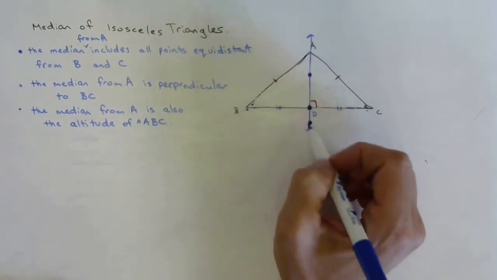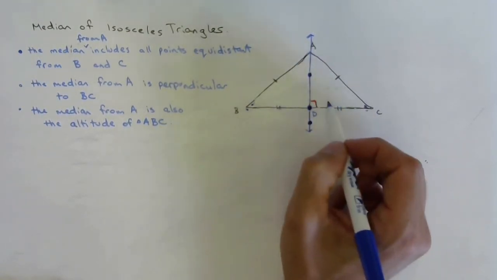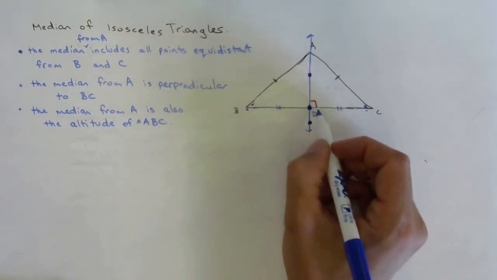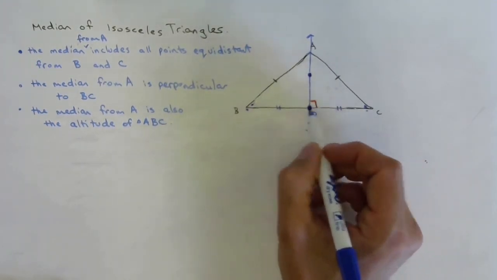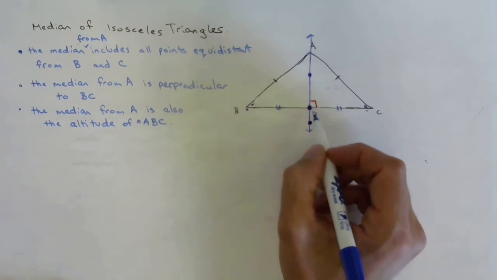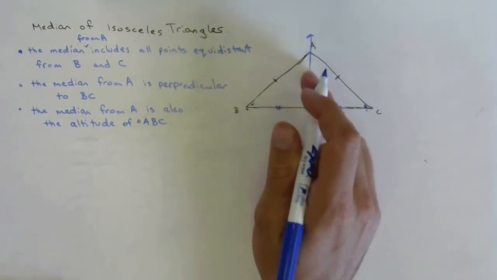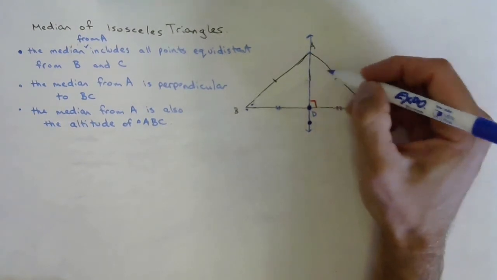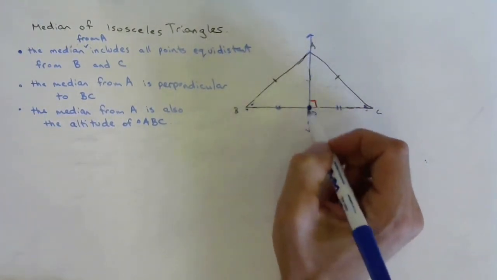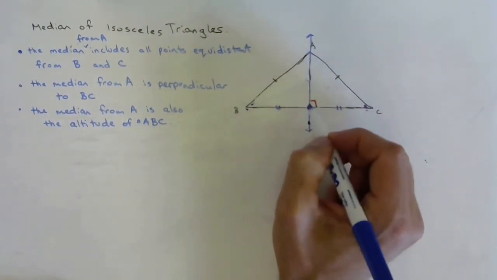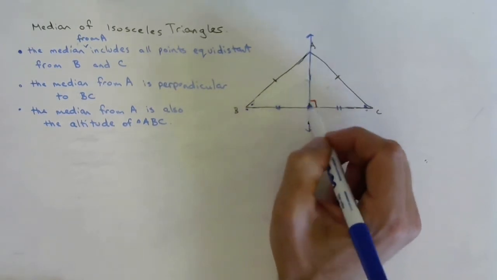Because this median splits it exactly in half and forms a right angle, these sides are congruent. DC is congruent to BD. Congruent means they're the same length, okay? And AD is in both triangles, so it's congruent in each triangle.